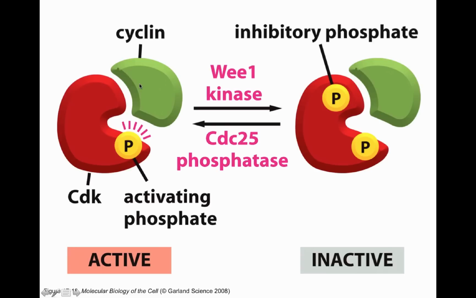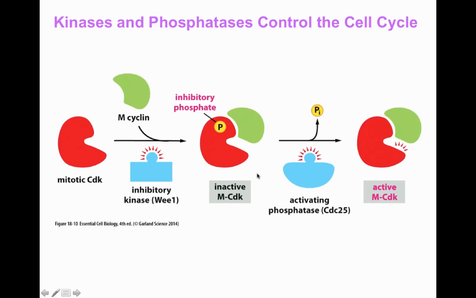So when you have the cyclin bound to the CDK and you have a phosphate present at the activating site, you will have an active molecule. But when you have a phosphorylation at the inhibitory site, you will have an inactive protein. So this is how phosphorylation and dephosphorylation control the activity of the cyclin-dependent kinases.